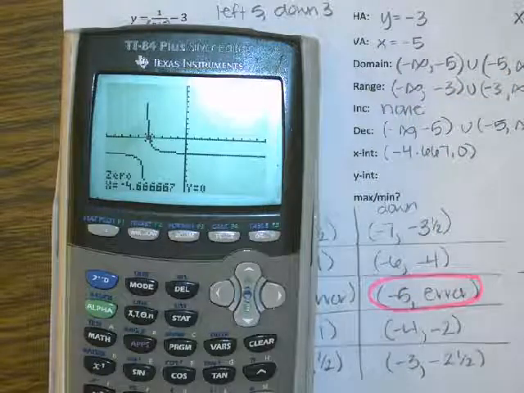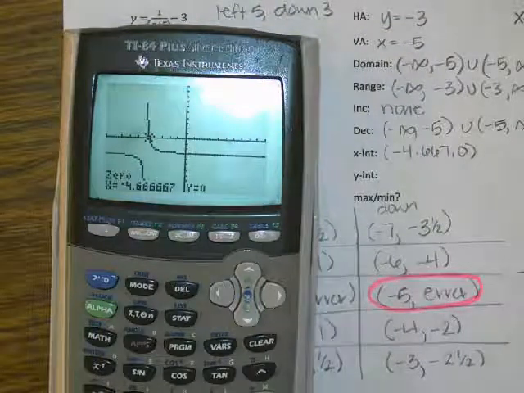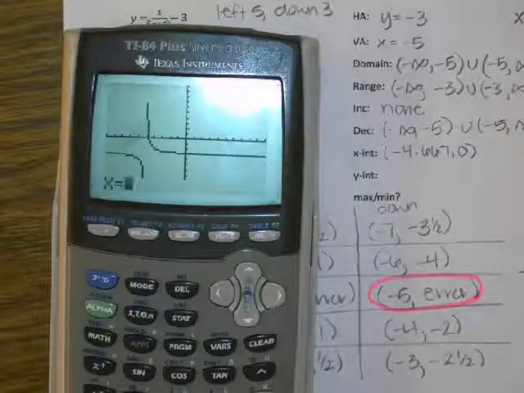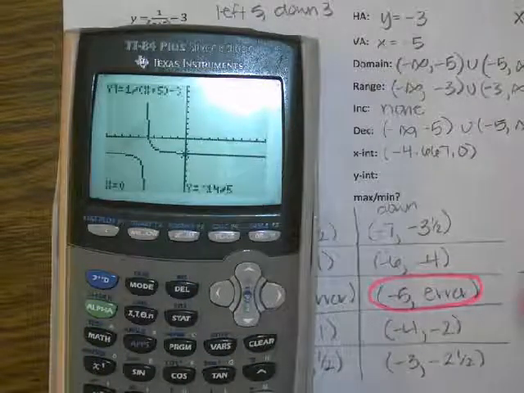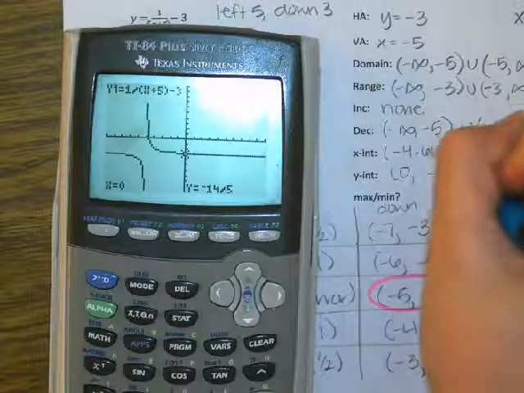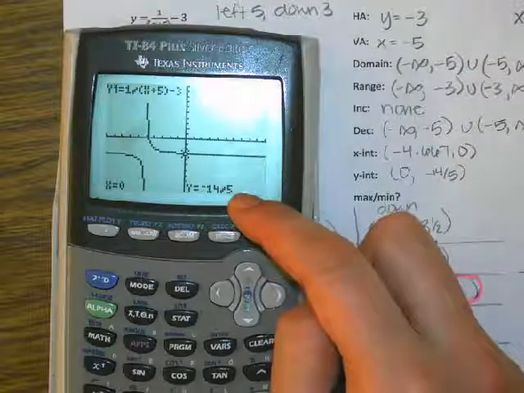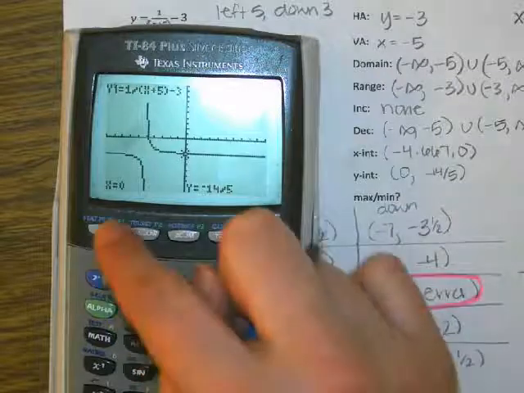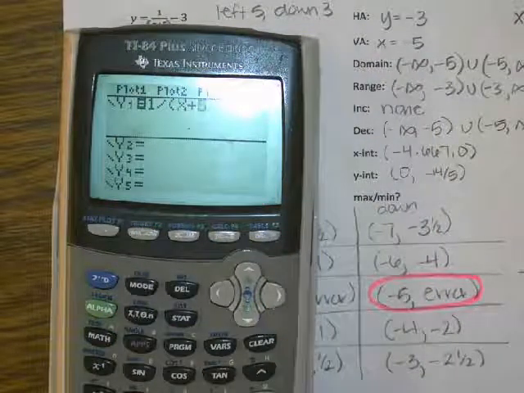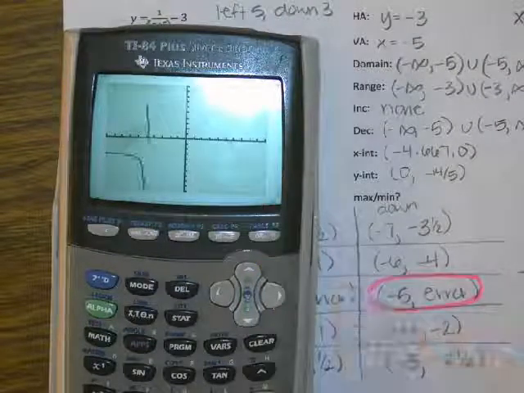Okay. How do I find the y-intercept? Second trace, number 1. Plug in. If you don't like it when it gives you fractions like that, then you just have to plug your function in without using the fraction button. Then when you find the y-intercept, it'll give you a decimal.